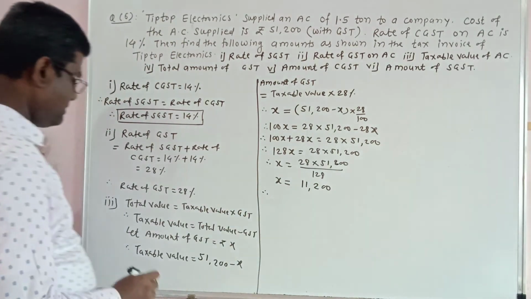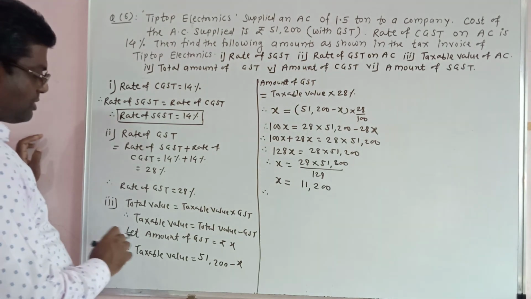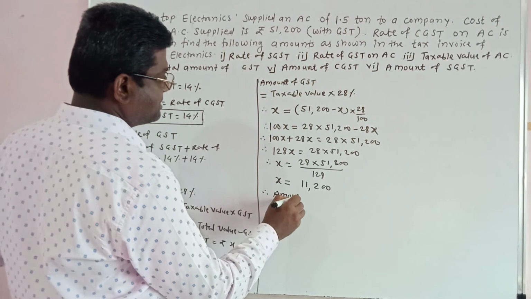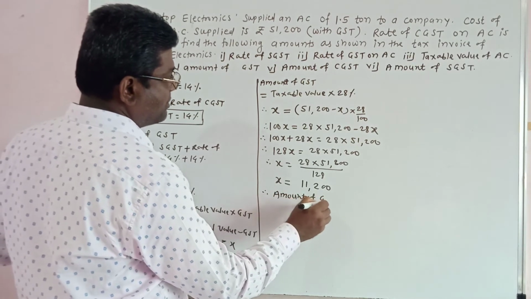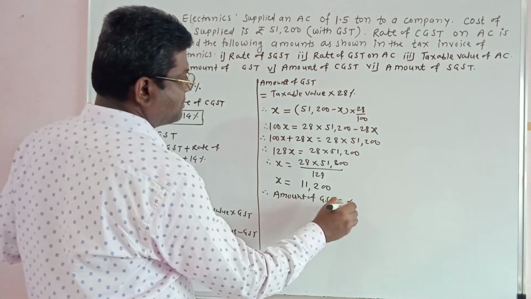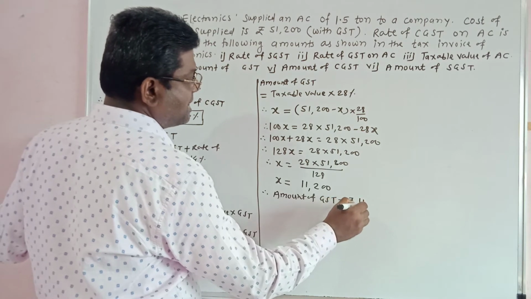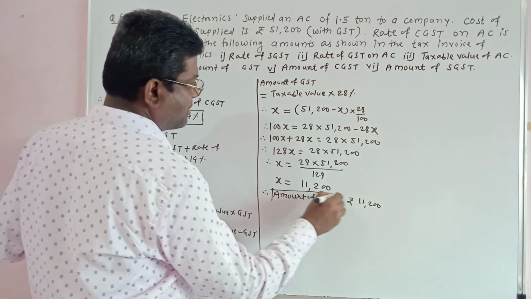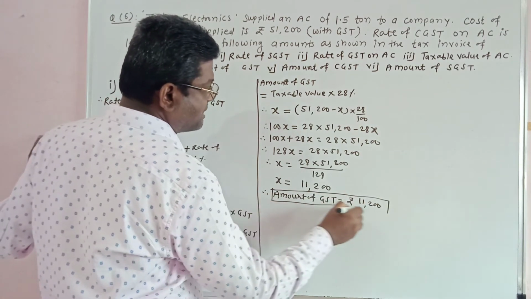Therefore, what is x? X is the amount of GST. Therefore, the amount of GST is equal to rupees 11,200. This is the amount of GST.